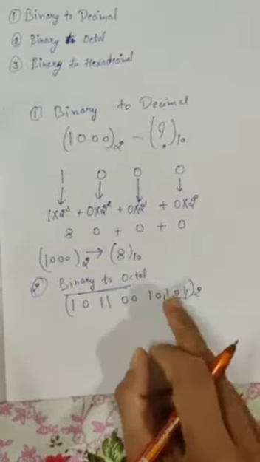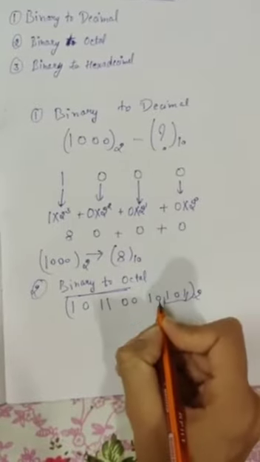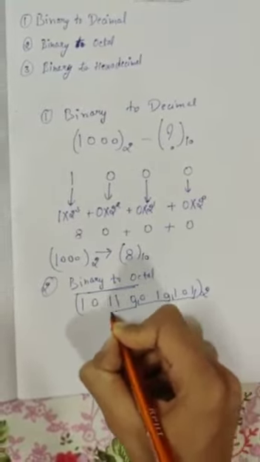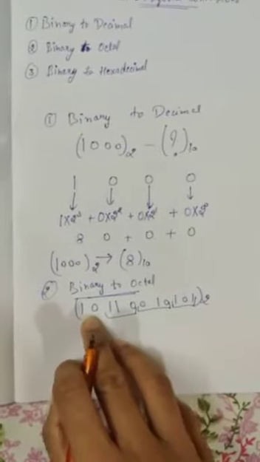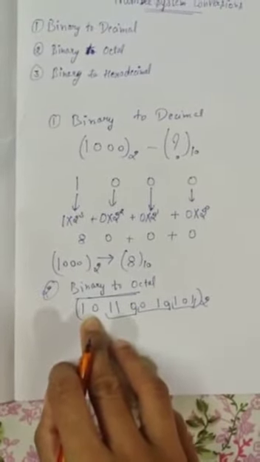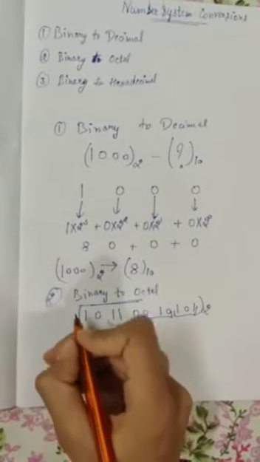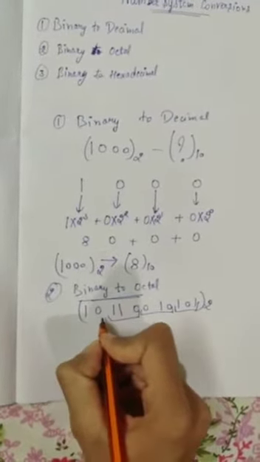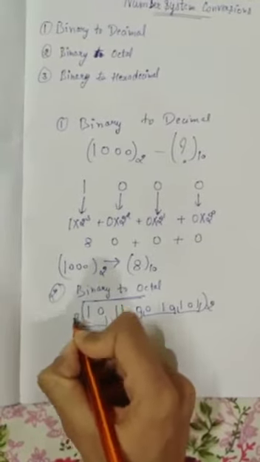So 101 is a 3-bit code, again 010, 011. In the last we have 2 bits, that is 0 and 1, so for that we can add 0 at the left-hand side.